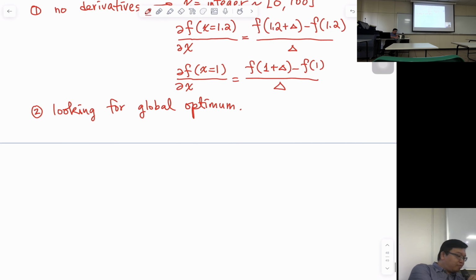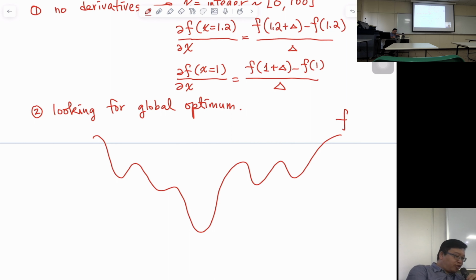For gradient-based approach, if this is your objective function, and let's say your initial guess is here, the gradient will lead you to a local minimum right here, but it doesn't guarantee the optimal is global. Okay? So how come GA has the ability to find global?